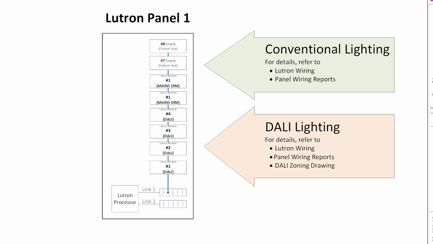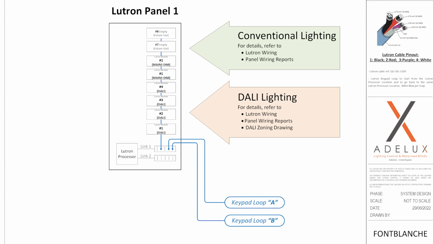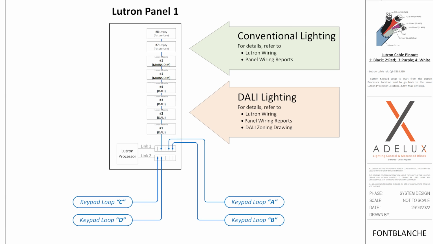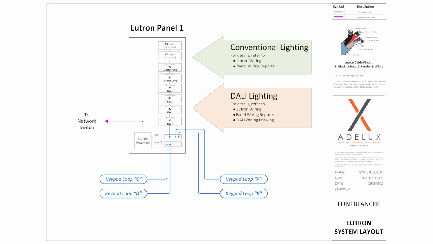Then I will show where all my keypad loops are coming back to on my processor links. There you go, a quick overview of the entire Lutron Homeworks system on a single page that will help everyone involved on that project. Very good.